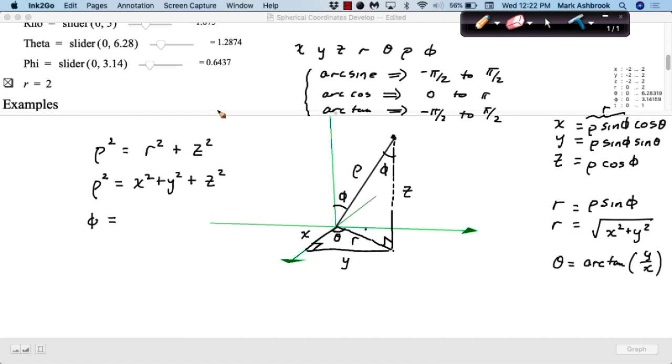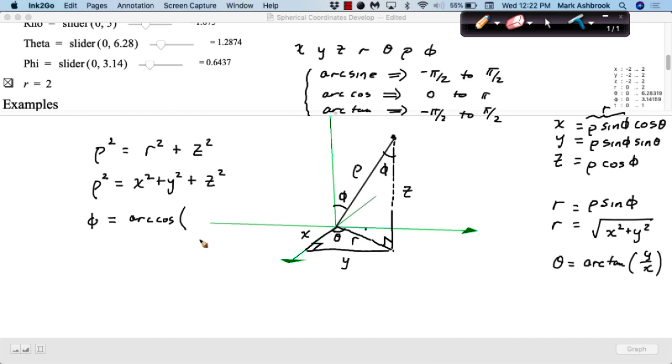Yeah, because we said the range of phi is from 0 to pi, and so arc cosine would make the most sense, because then we'll never have to deal with adjusting the angle. We're always getting an angle between 0 and pi, and that will be the value of phi. So arc cosine of what? He wants z over r. Agree with that? So cosine is what? Adjacent over hypotenuse.